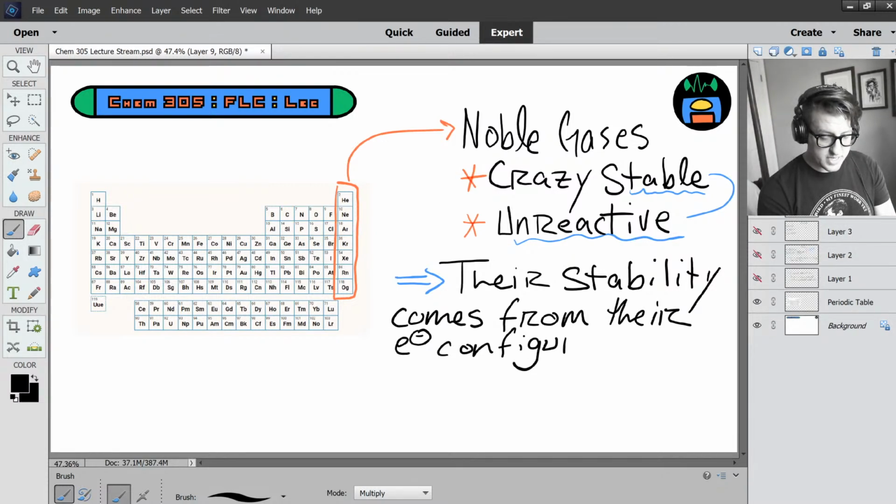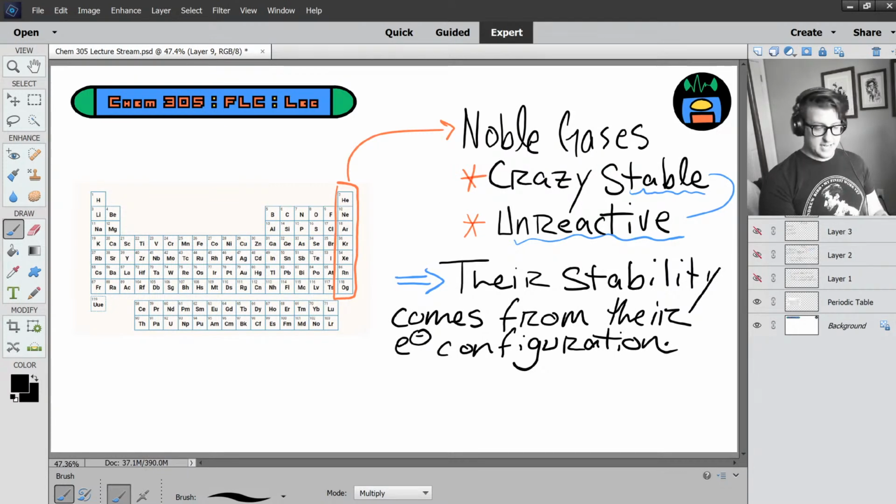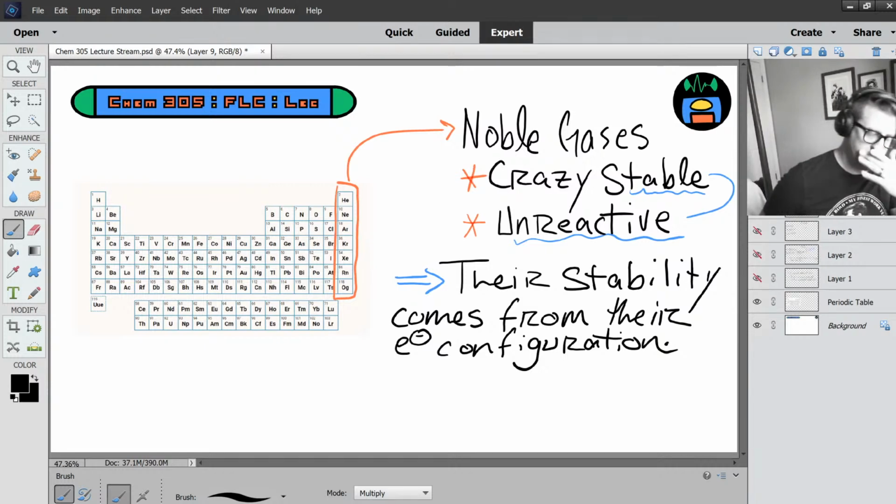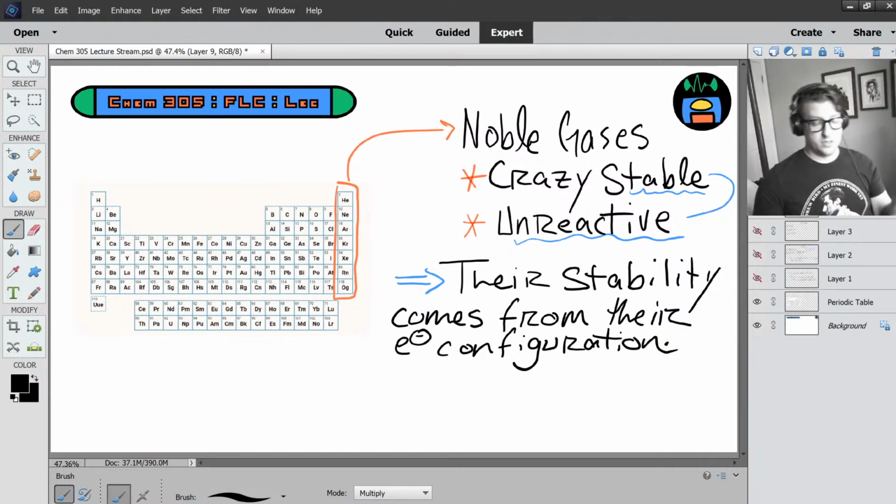One thing you'll notice about every noble gas is that each noble gas has a full subshell, a completely full what we call valence shell.